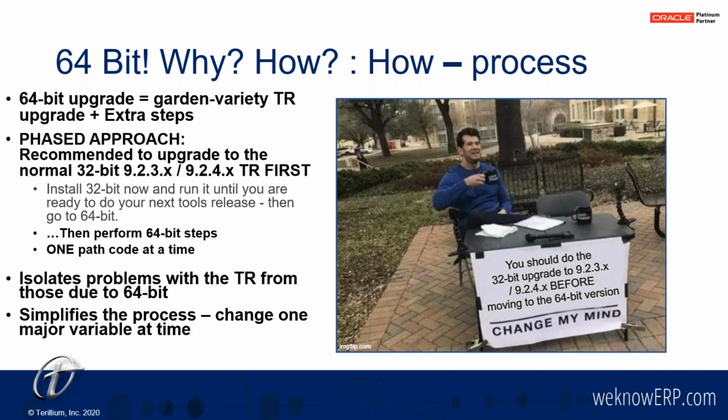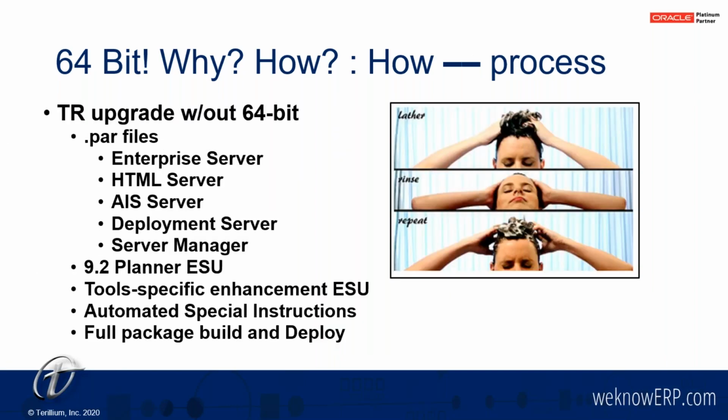What this does is it isolates problems that are due to the tools release itself from those that are actually due to 64-bit. Okay, if you stay at 32-bit when you upgrade, get that working, and that way any subsequent problems you'll know are perhaps due to the 64-bit steps. Changing one major variable at a time is usually the way you want to do this.